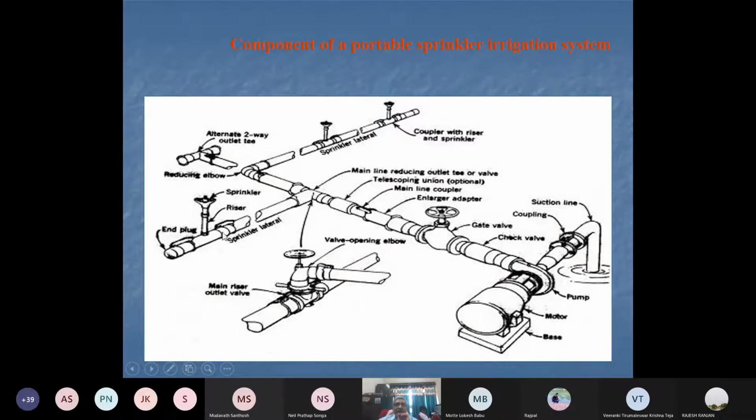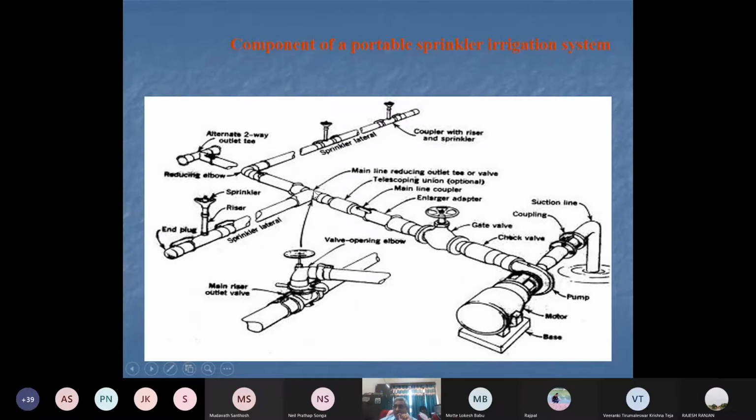So when we are connecting from the main pipeline, a lateral pipeline is attached by using the T. This is your T valve or simply T coupler. T means the shape of this one, and water can be diverted to the perpendicular direction. So this kind of coupling devices are possible.